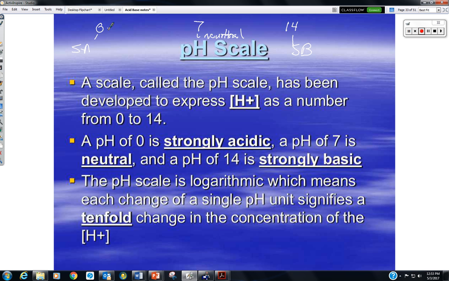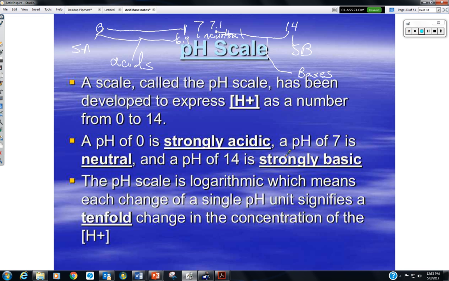And then from 0 to, say, 6.9, is going to represent our acids. And then from 7.1 to 14 are our bases.